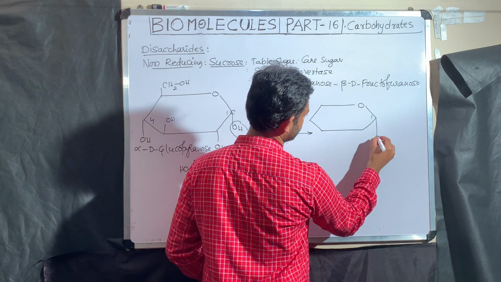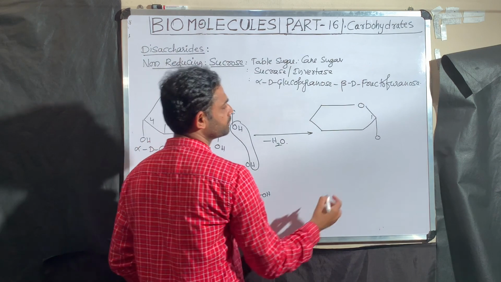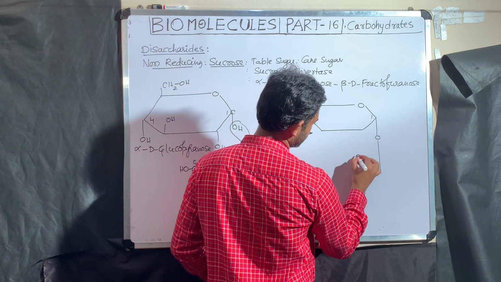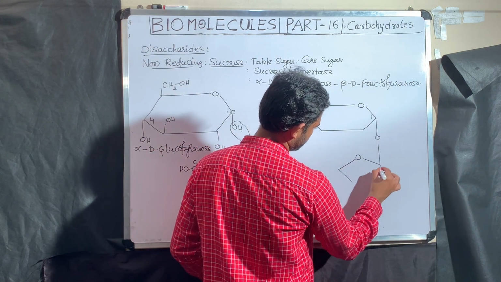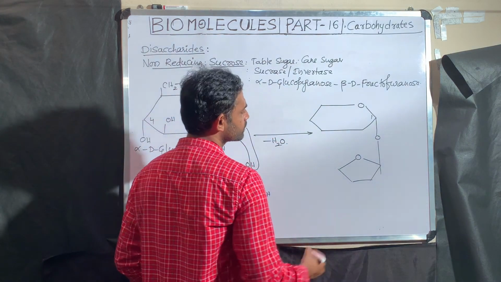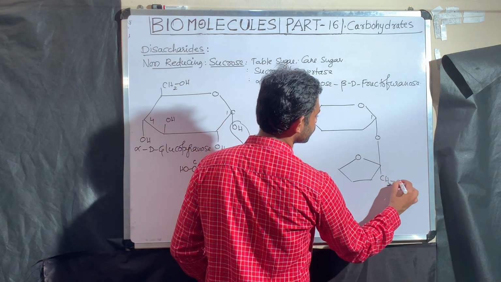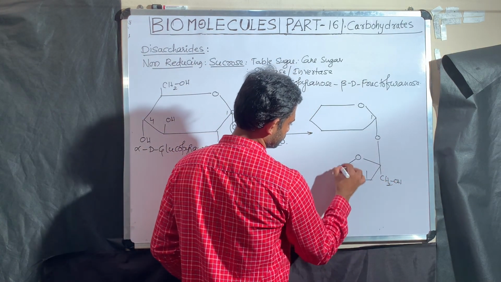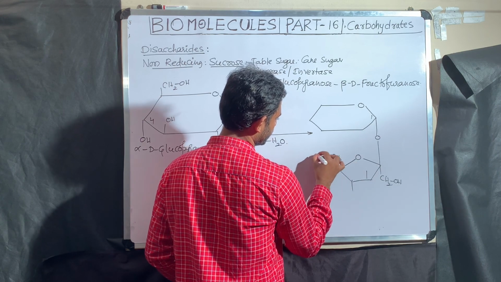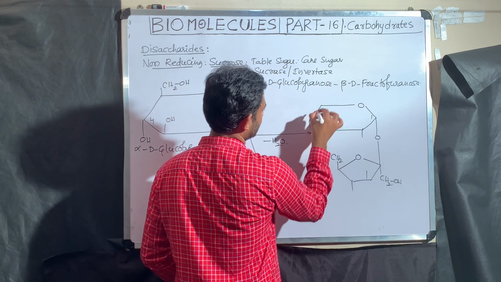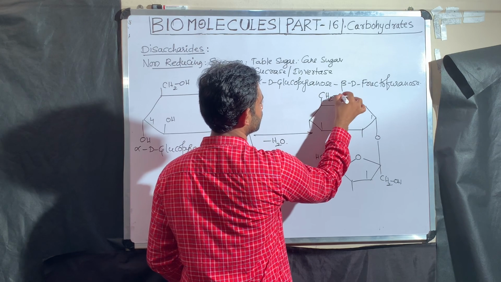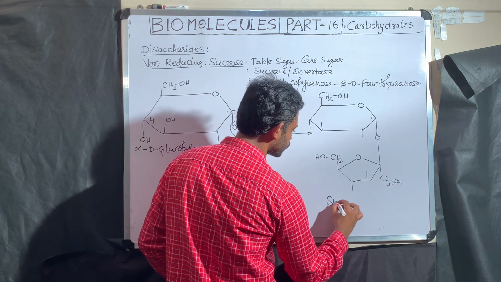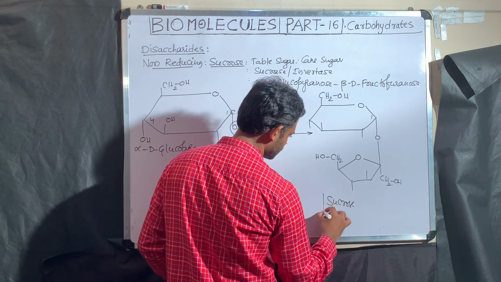First carbon, oxygen, the remaining oxygen is there. Next one, see. This one is down, one is CH2OH. CH2OH. This structure is sucrose.